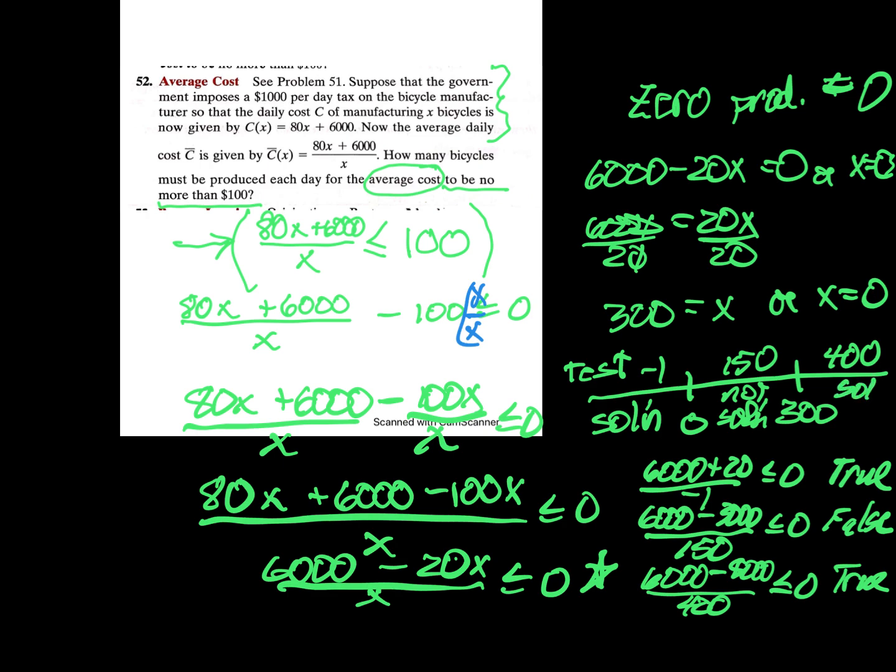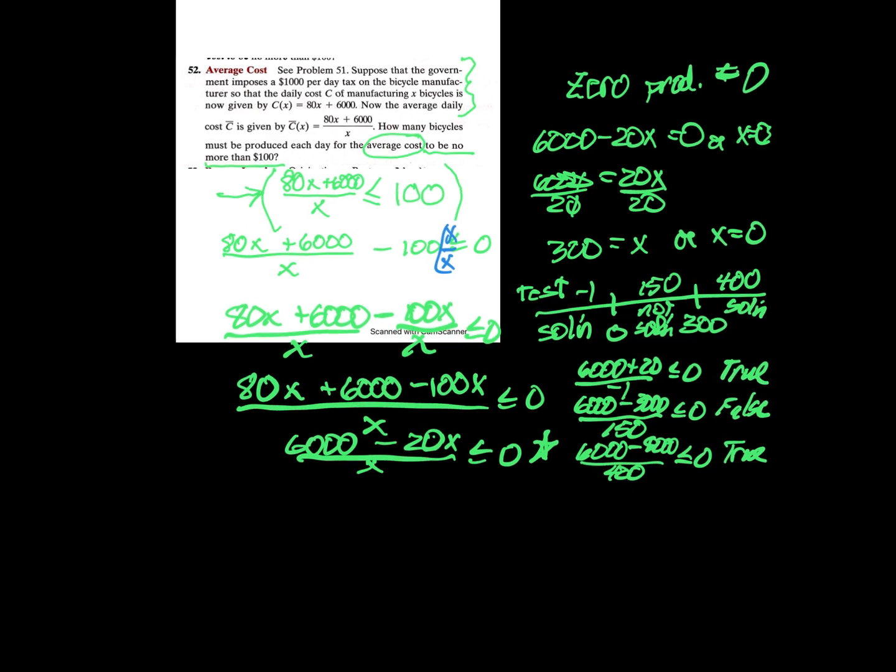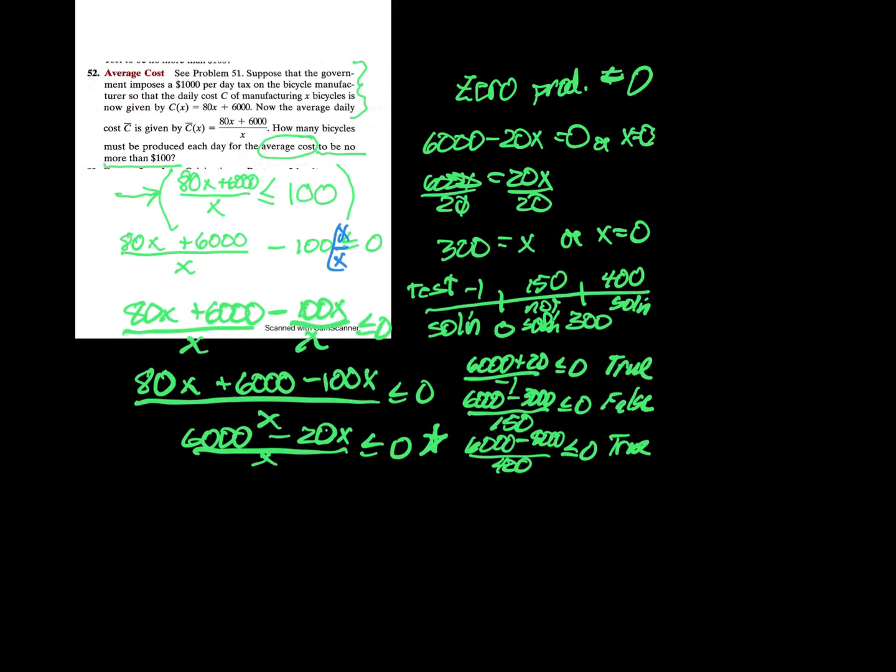So this region is a solution. So now we've done all the work for this problem, and from this number line, we can now write our solutions. And so, since we know it goes up to 0, this is a solution.